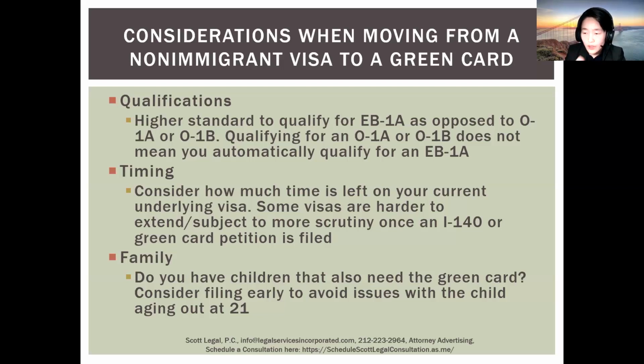Even though the regulatory language is very similar, just the fact that you were approved for an O-1A or O-1B does not mean that you will automatically be approved for the EB-1A. One of the reasons why is that the EB-1A practically is scrutinized in a much stricter way. Also, if you're jumping from an O-1B to an EB-1A, the regulatory language of what is defined as extraordinary ability is different, right?